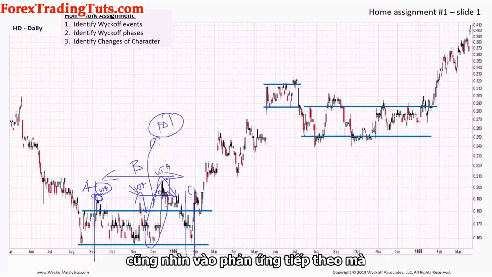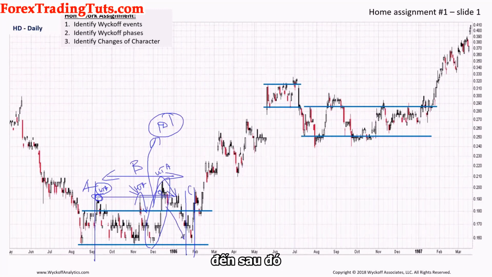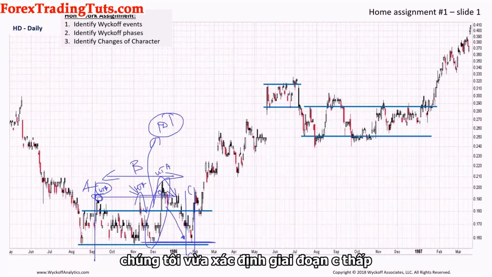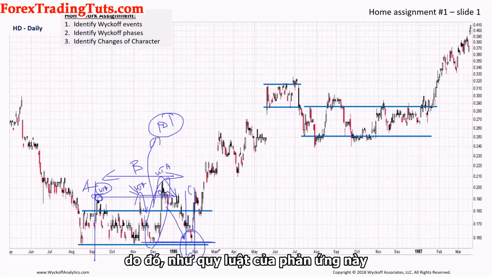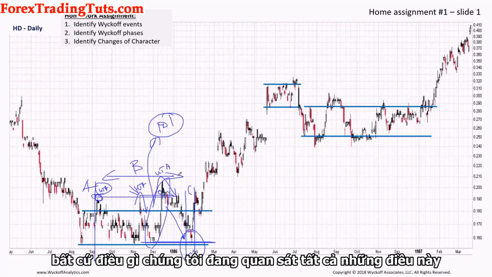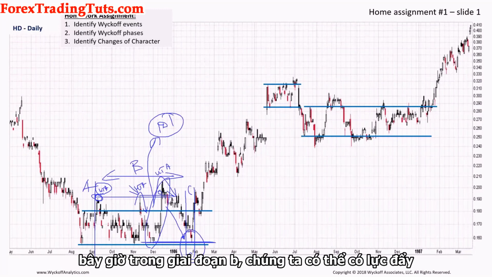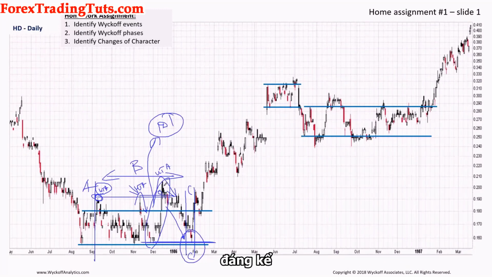Well, look at the next reaction that comes after that. It actually negates almost all of the gains that we've seen on this rally, and we've just identified the phase C low as the low of this reaction. So whatever we're observing, all of these moves to the upside are most likely a part of phase B. Now in phase B, we could have upthrusts, and some of them are going to be quite significant.